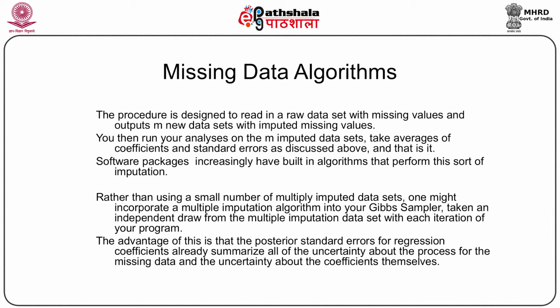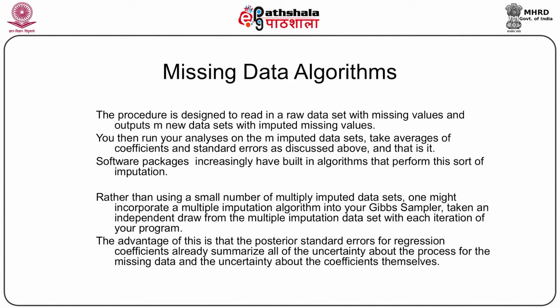The program is designed to read in a raw data set with missing values and output m new data sets with imputed missing values. You then run your analysis on the m imputed data sets, take averages of coefficients and standard errors as discussed above, and that's the way we develop the algorithm.